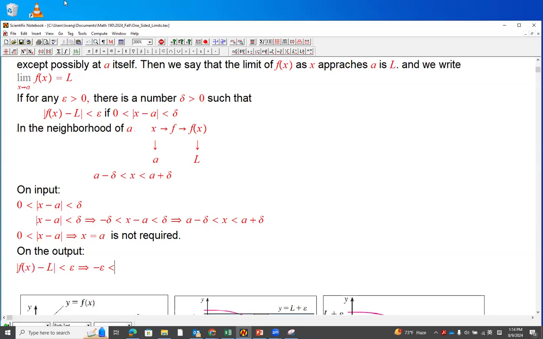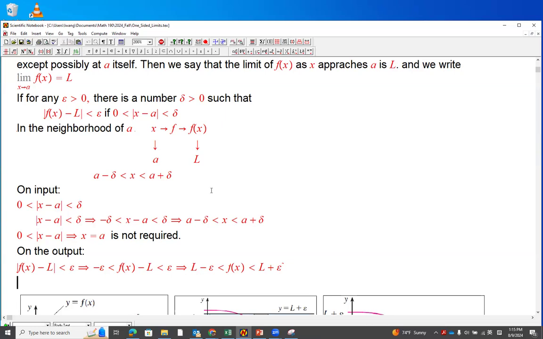So this quantity, which describes the difference between the function and its limit, is between negative epsilon and positive epsilon. That is the same as saying that in this inequality, if we add L on all three sides, we get L minus epsilon less than f of x and less than L plus epsilon.